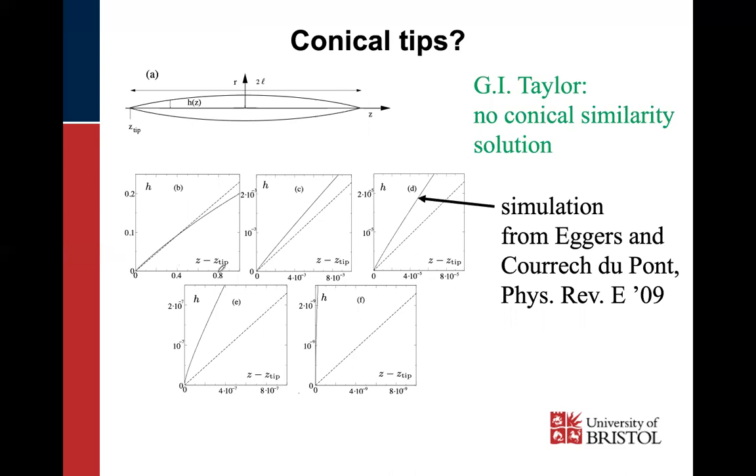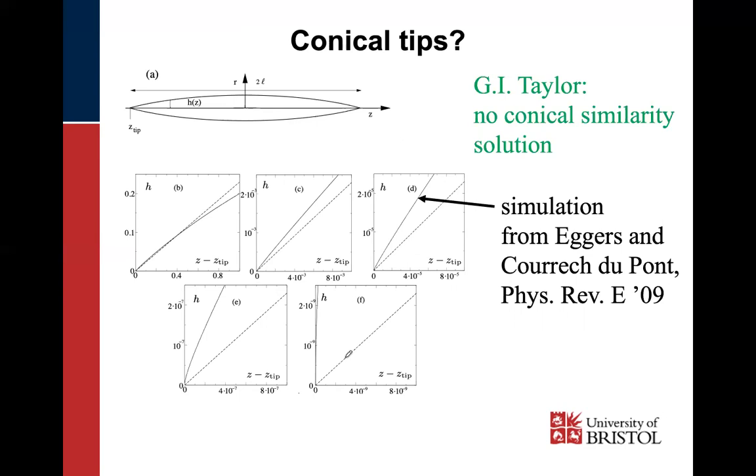But as you zoom in to the tip, for each panel, the magnification factor is increased by a factor of 100. So this is now on a scale of 10 to the minus 2. This is 10 to the minus 4, 6, and 8, and so on and so forth.